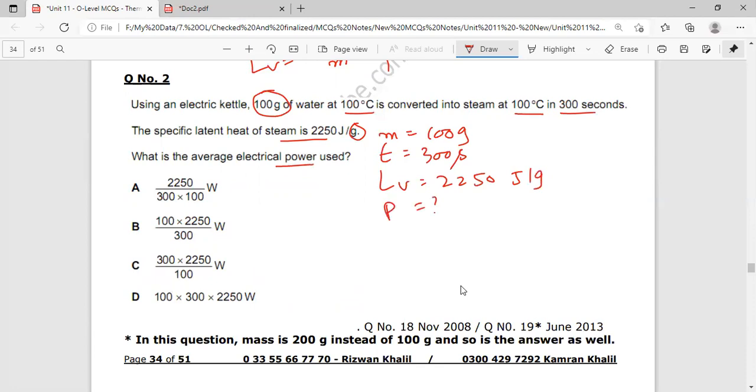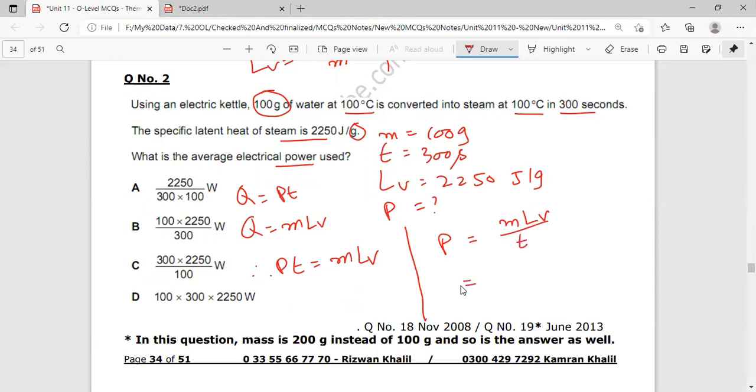Again, the same formula, Q is equal to PT, Q is equal to MLV. Therefore, PT is equal to MLV, from where we can make the formula P is equal to MLV over T. Substitute the values: 100 into 2250 divided by 300. So option B is the correct answer.